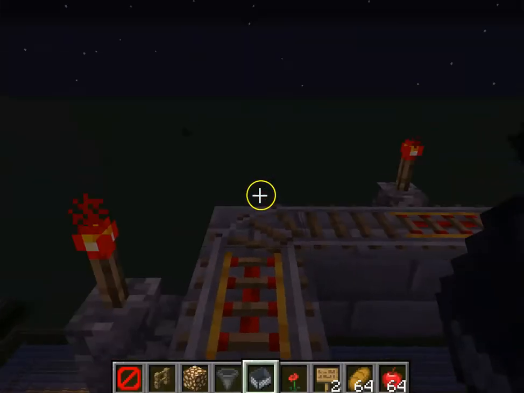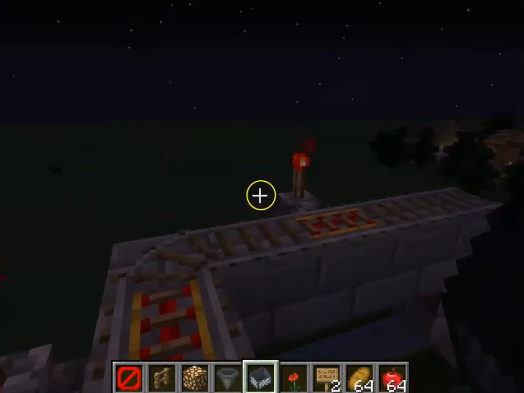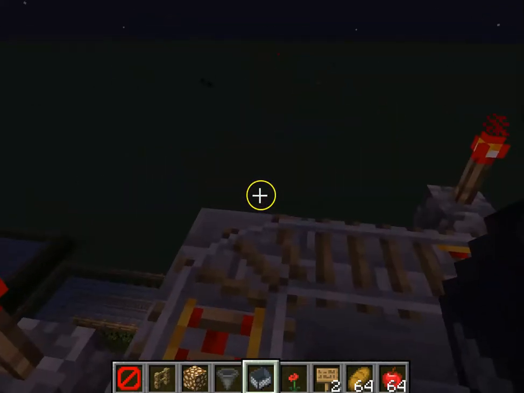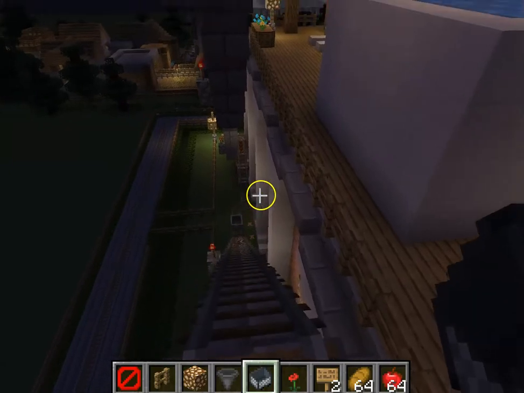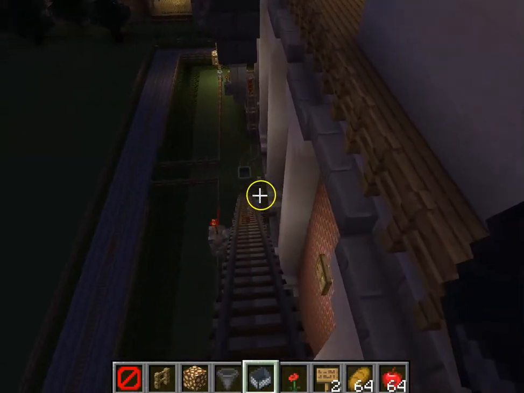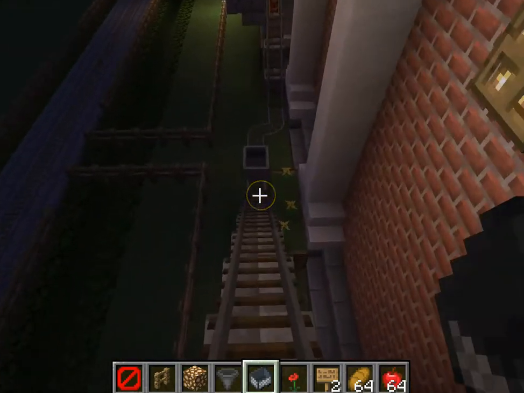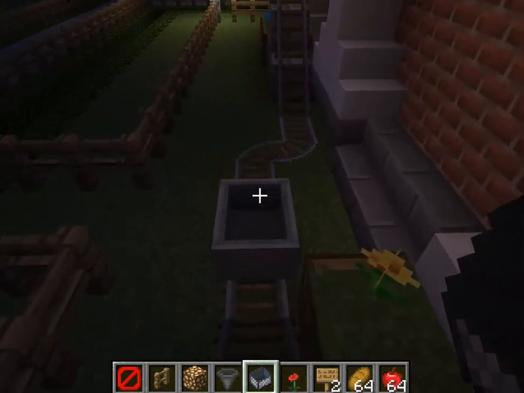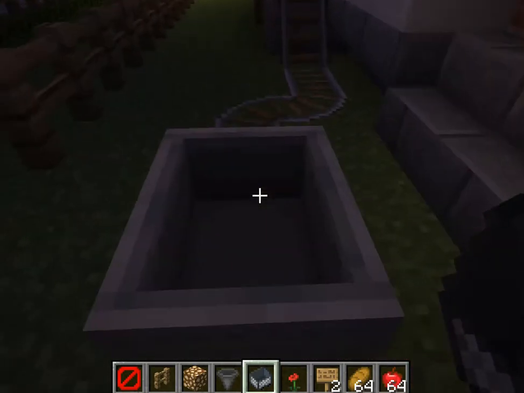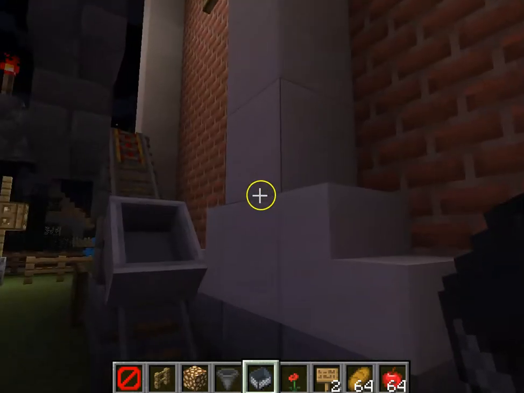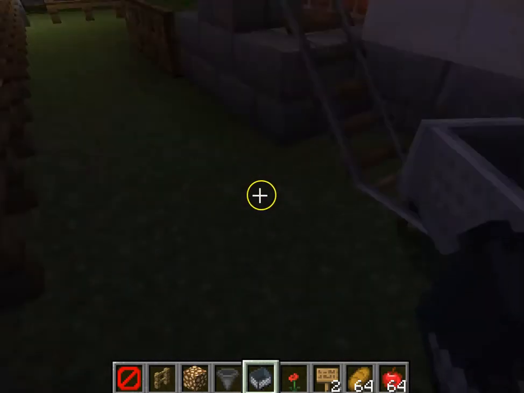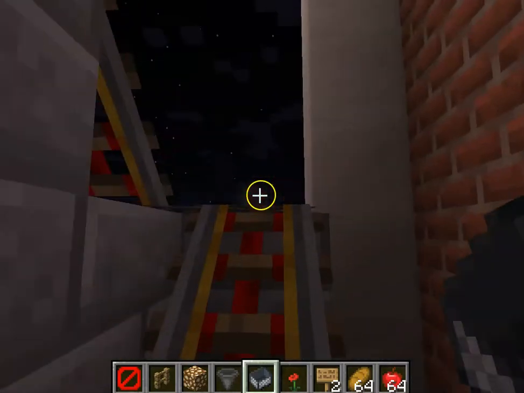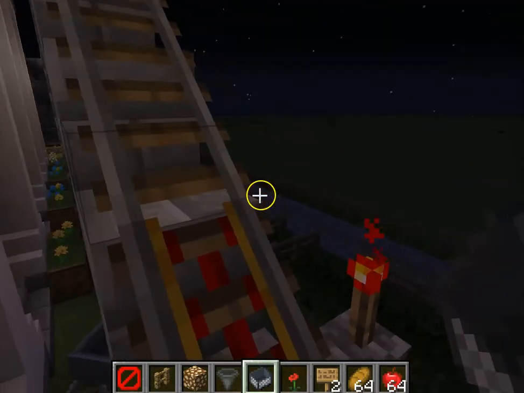Okay. Let's walk. Whee! Okay, where's this power?